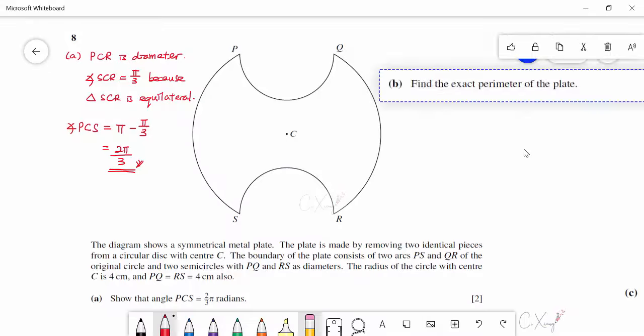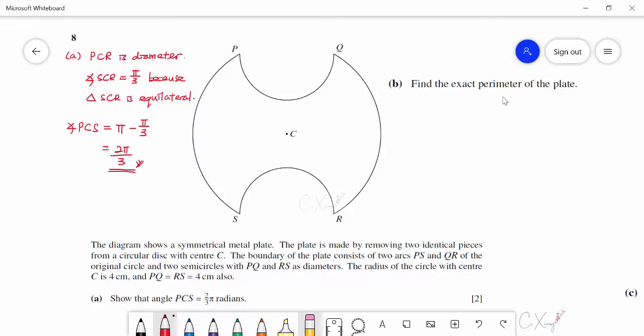For part B, they want us to find the exact perimeter of the plate. Exact perimeter means my final answer should be left in short form or maybe in fraction. To find the perimeter, we can see that it consists of this length, PS, and also QR.